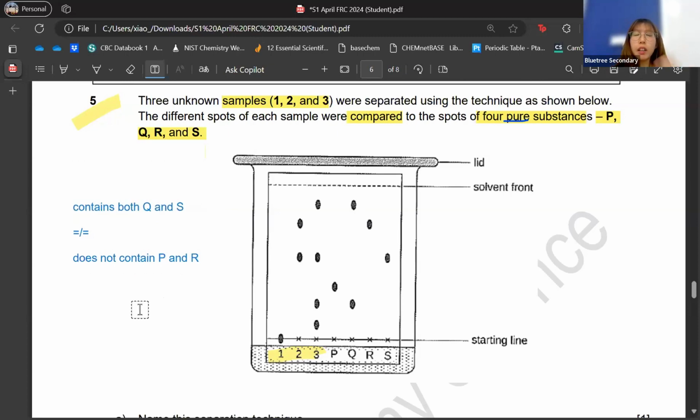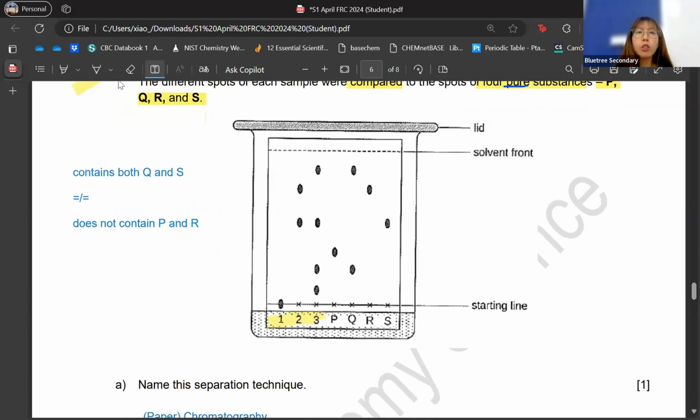That means you cannot pick out the answer that does not have P and R based on this concept. What you should pick out is the sample that has Q and S regardless of P and R.